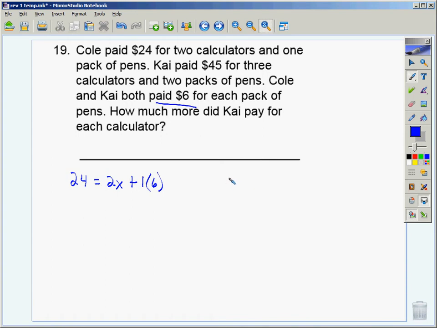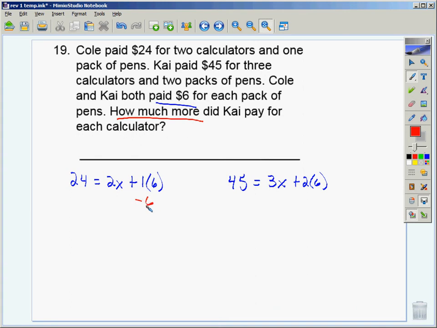Kay paid $45 for 3 calculators and 2 packs of pens. How much more? What are they asking me to do? I'm going to have to solve the 2 equations and subtract. How much more did she pay for the calculator?